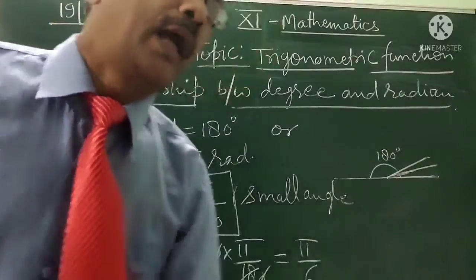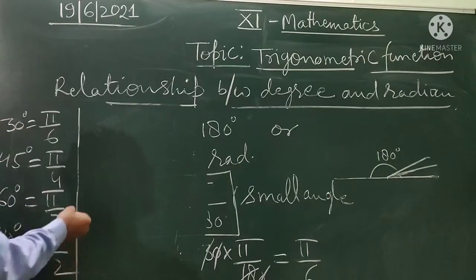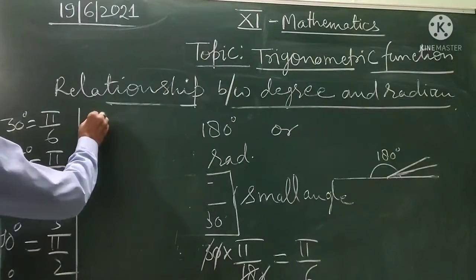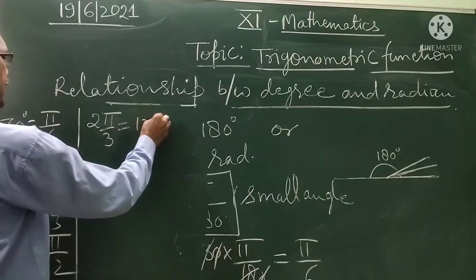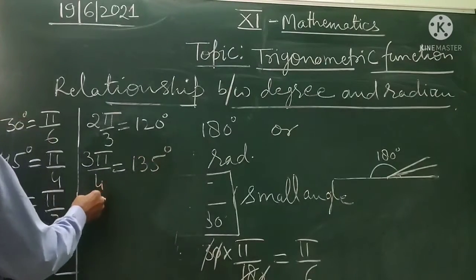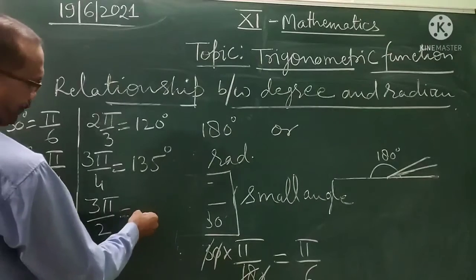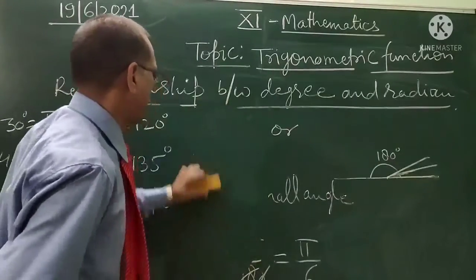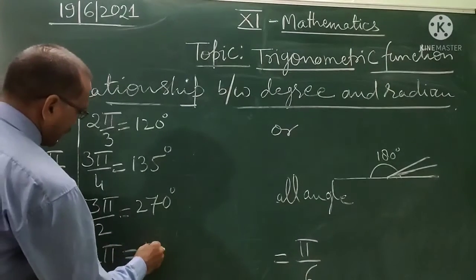If we write some more angles, 180 degree equals pi, 2 pi by 3 equals 120 degree, 3 pi by 4 equals 135 degree, 3 pi by 2 equals 270 degree, and 2 pi equals 360 degree.